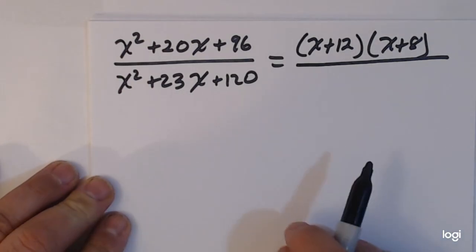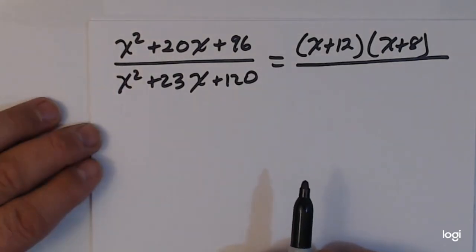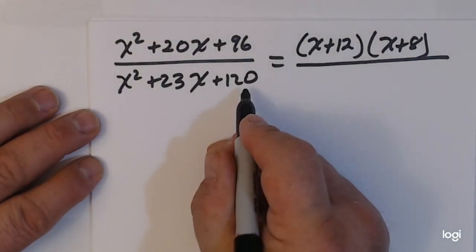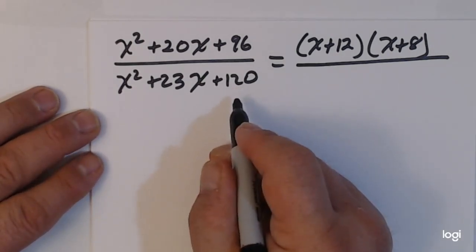Now in the denominator, it's a little more difficult because what we need here doesn't come up. You don't think of it right away.